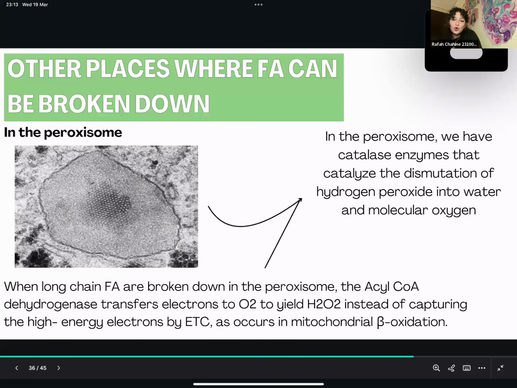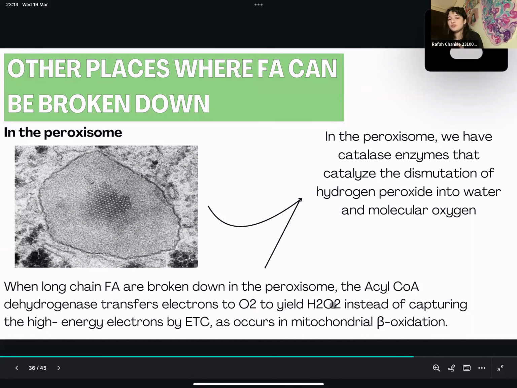Instead of these hydrogens going to reduce FAD, like we've seen previously, it is going to be transferred to O2, or oxygen, to yield H2O2, which is peroxide, okay? So instead of taking these electrons to FAD to produce FADH2 or to the electron transfer chain, it will go and give me peroxide.